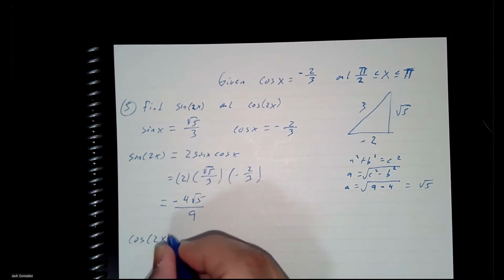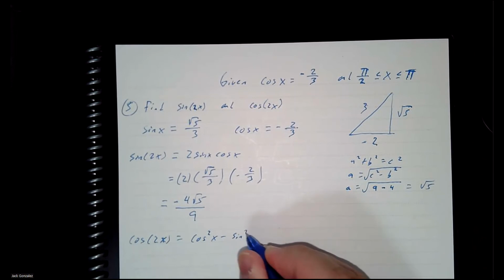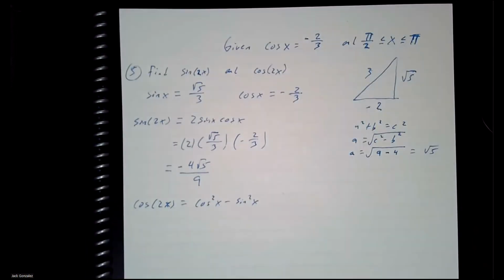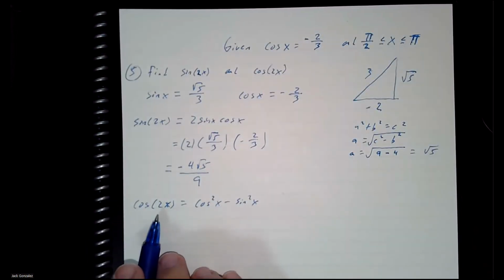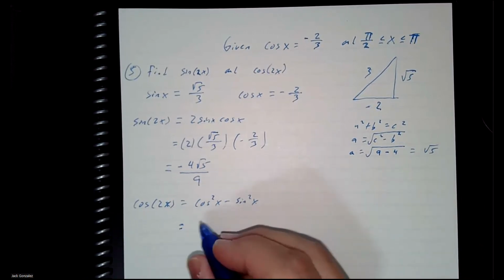Cosine 2x is equal to cosine squared x minus sine squared x. Remember, you can use any of the 3 double angles for cosine. This is the only one that I have memorized, so I use that one.